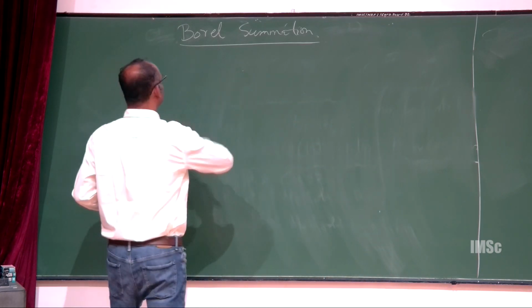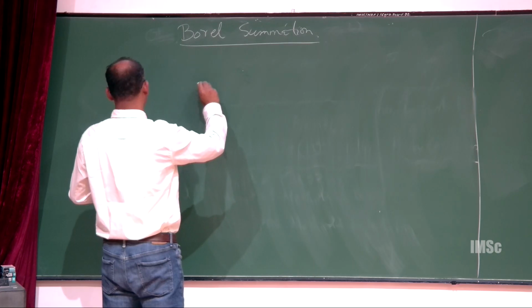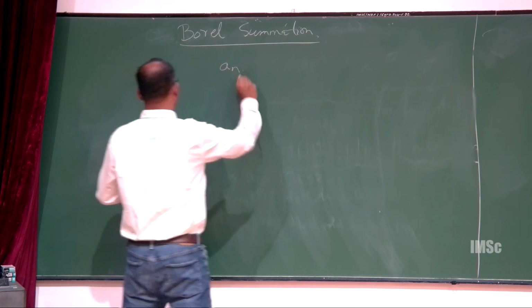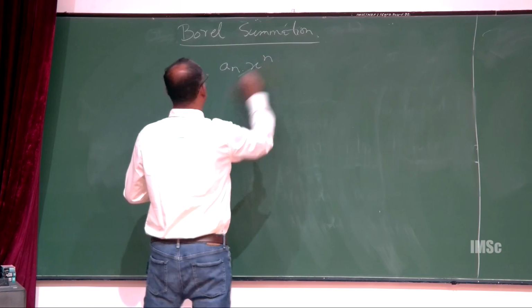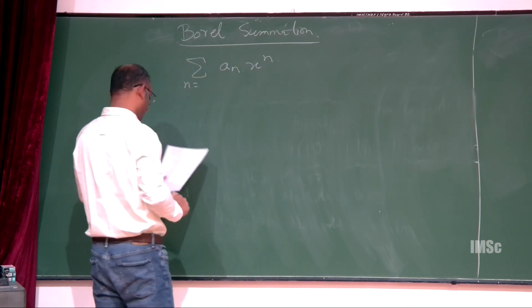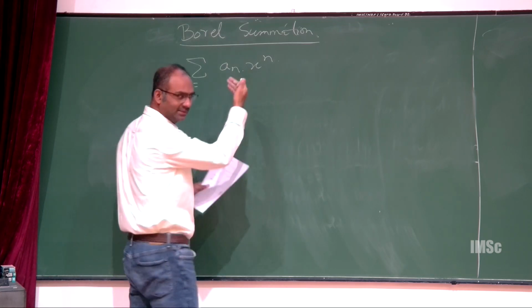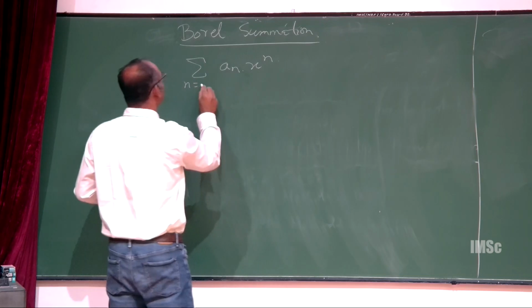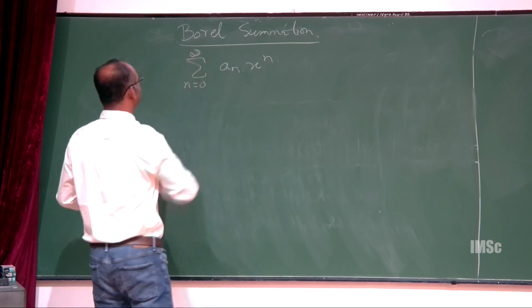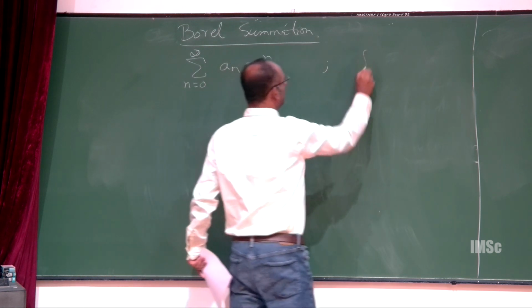So let's say you have a series. I could have used alpha, it would have been better. So think of x as alpha s, but let it be like this. Suppose that's a series which is factorially divergent.